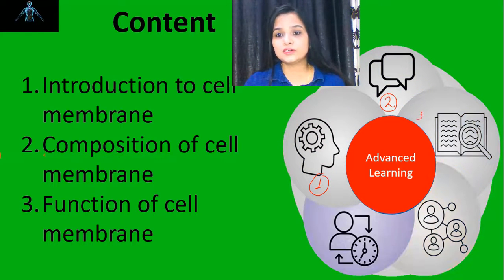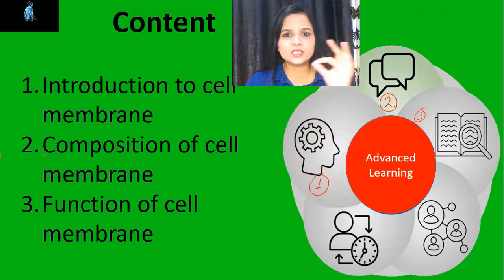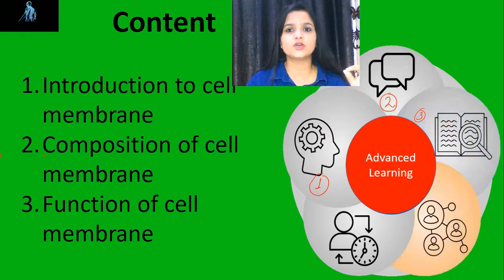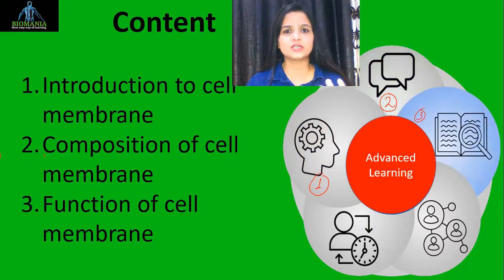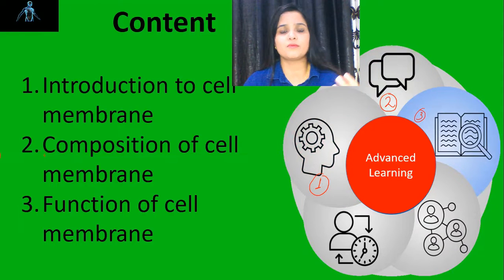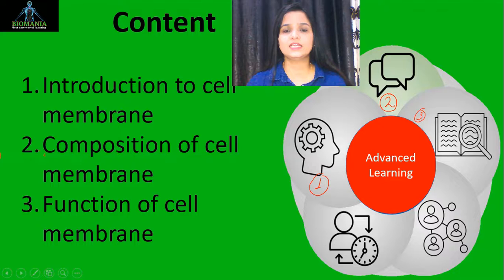Then increase your knowledge by reading everything present in your book, or gather information from wherever you are getting it, either from your teacher, from videos, from books, anywhere, related to your topic and your study. Gather them in one place so that they will help you at the time of your revision.